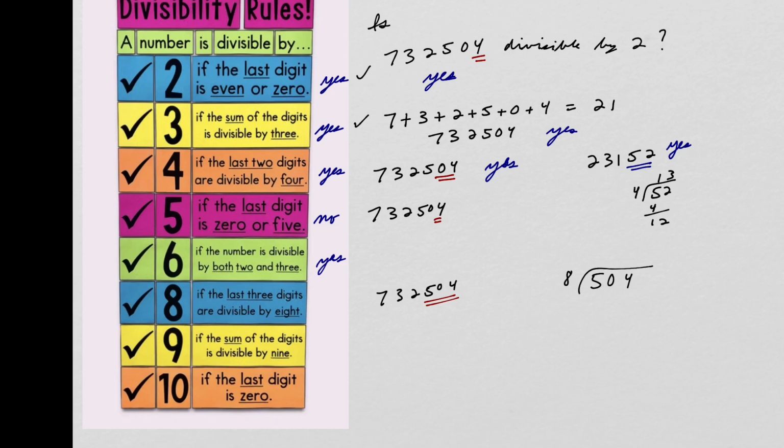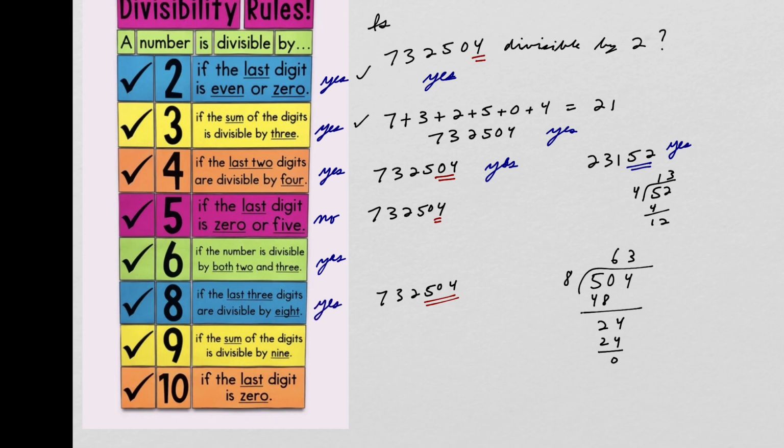I guess it's 6, so this would be 48. 50 minus 48 is 2. I bring down the 4. 8 goes into 24 3 times. Oh, my remainder is 0. So yeah, it is. Since the last 3 digits are divisible by 8, the entire original number is also divisible by 8. Well, this is working for a lot of these. This is sort of luck.